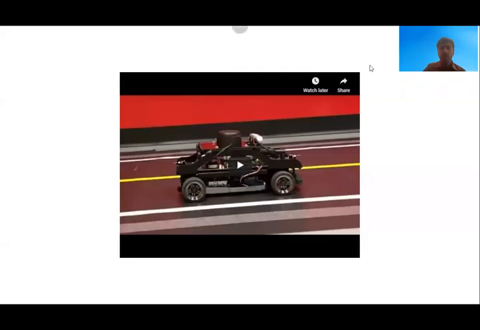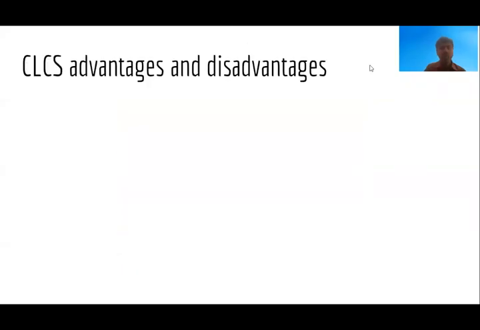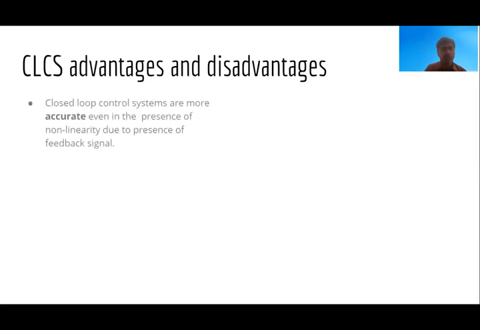Till now, we have seen some examples of closed loop control systems. Now let us move on to the advantages and disadvantages of closed loop control systems. In a closed loop control system, even in the presence of nonlinear components, the output is accurate.